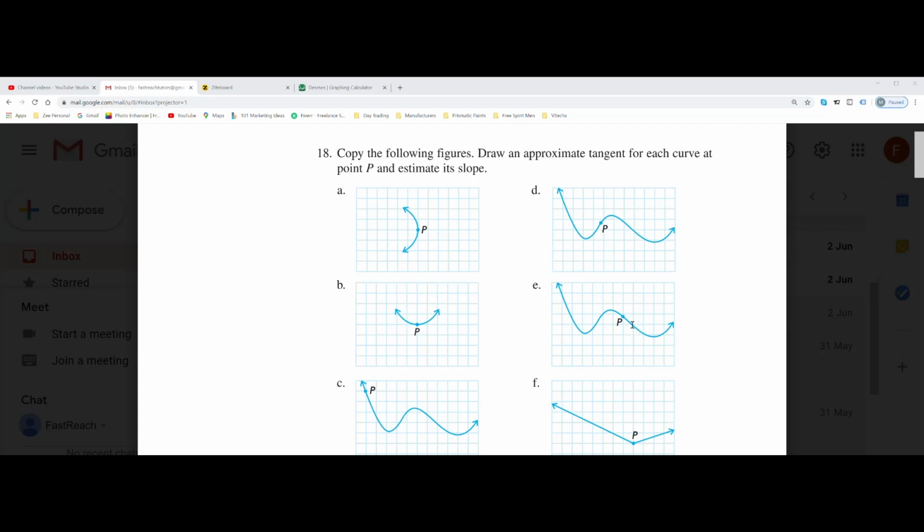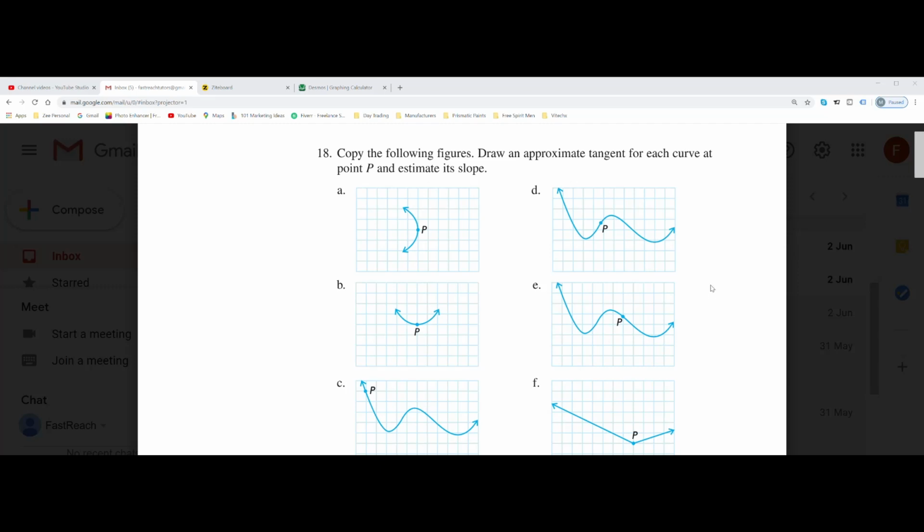And this one, let's do this rise. 0.8, and the run is about 0.9.